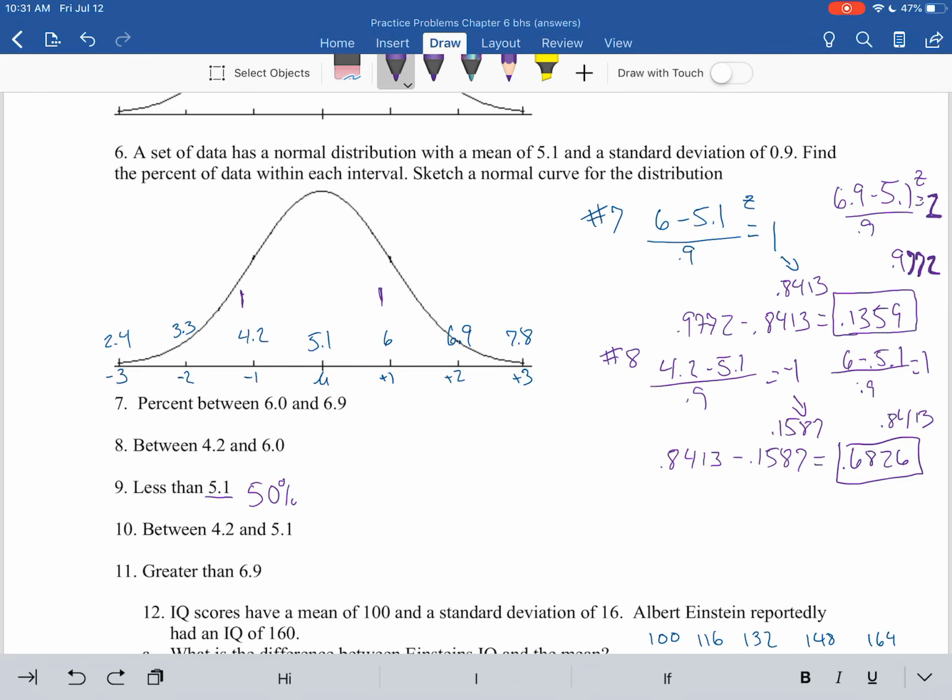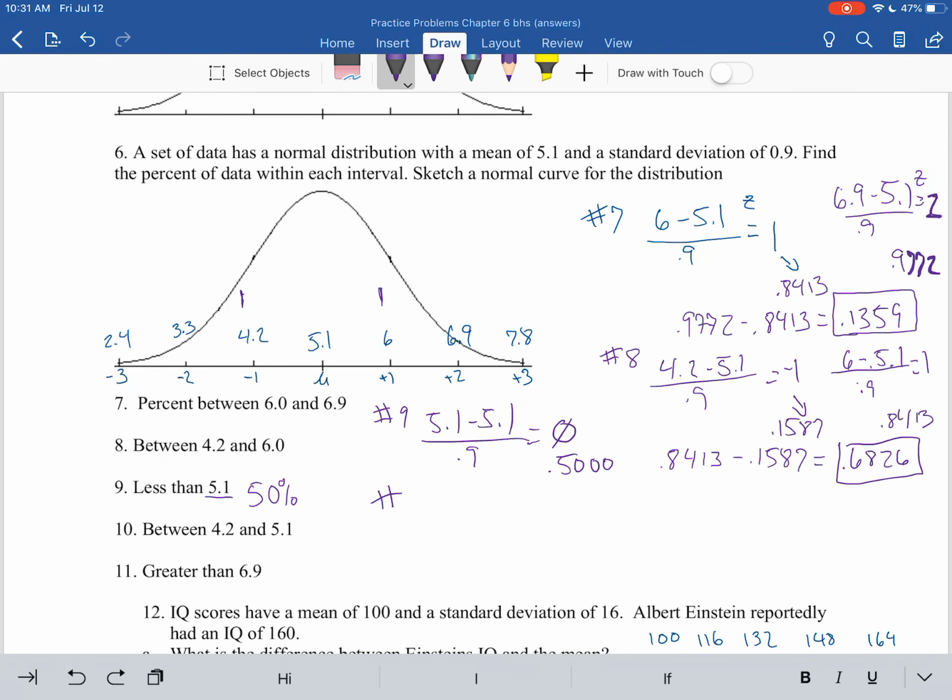If you want to see it worked out, I'll do it right here for you. I'll label it number 9. So you take 5.1 minus 5.1 divided by 0.9, you get a value of 0. If you look 0 up in the table in the back, you get 0.5000, and that is the value from there, less than, so it's 50%.